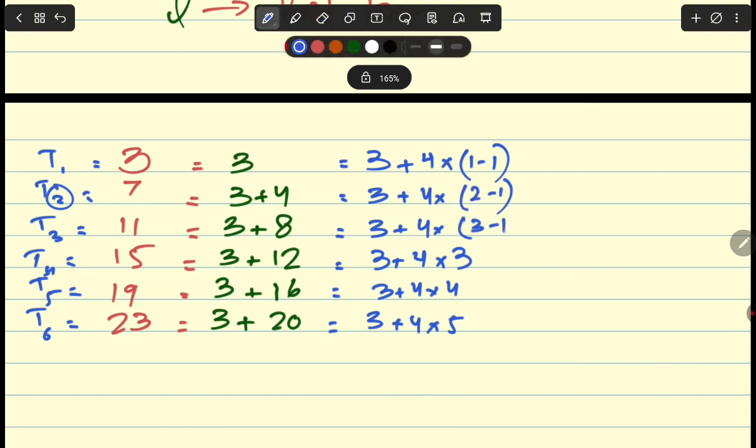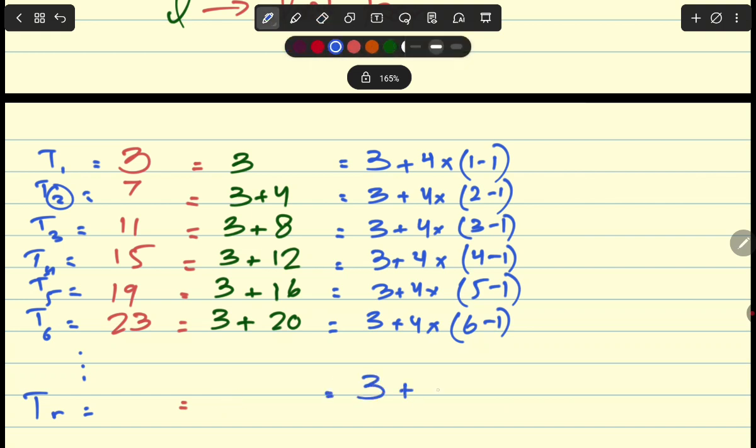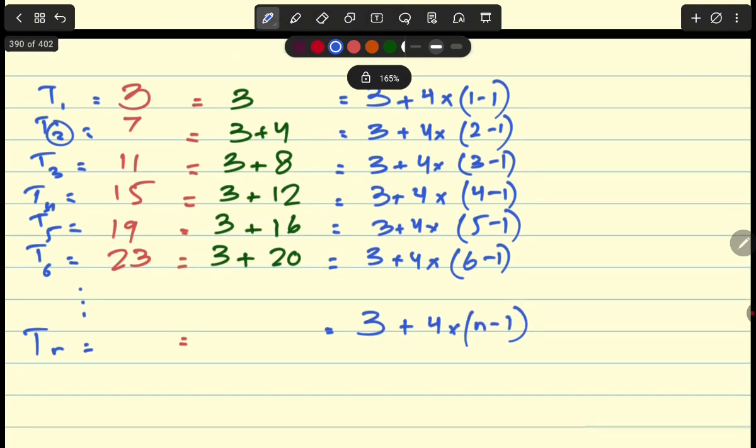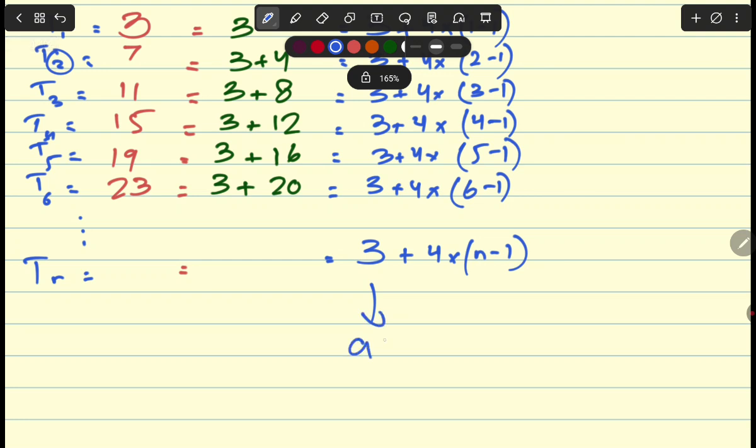Similarly, this can be written as 3 minus 1, 4 minus 1, 5 minus 1, and 6 minus 1. So the nth term may be written as the first term, which is 3, plus the common difference, which is 4, times n minus 1. So this 3 is the first term, this is the common difference, and this is n minus 1.